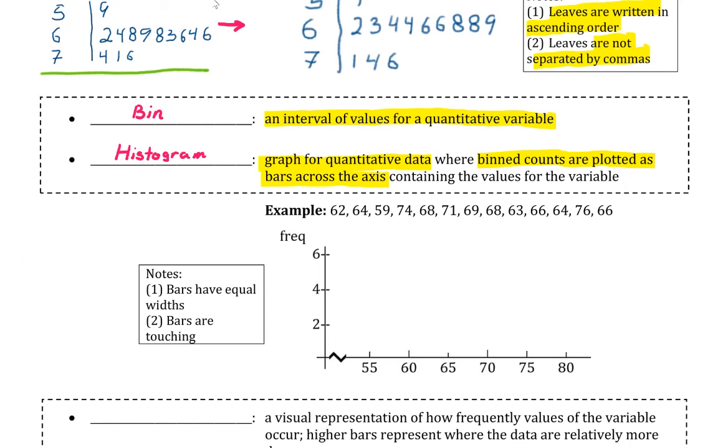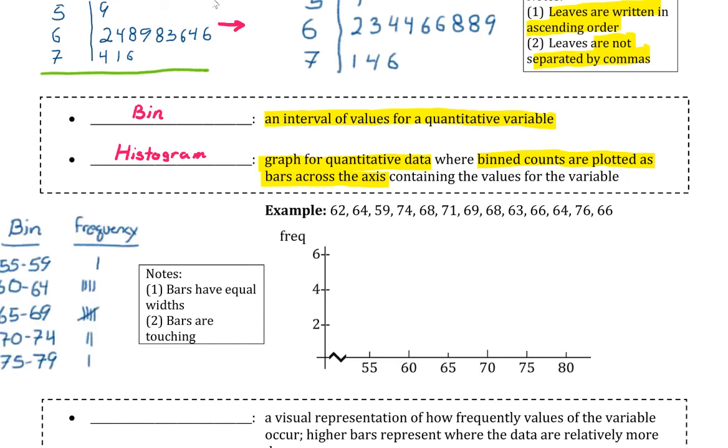To create a histogram of the following data, we would start by creating our bins. In this example, let's create bins of width 5. So our first bin would contain the values 55 to 59, 60 to 64, 65 to 69, 70 to 74, and then 75 to 79.